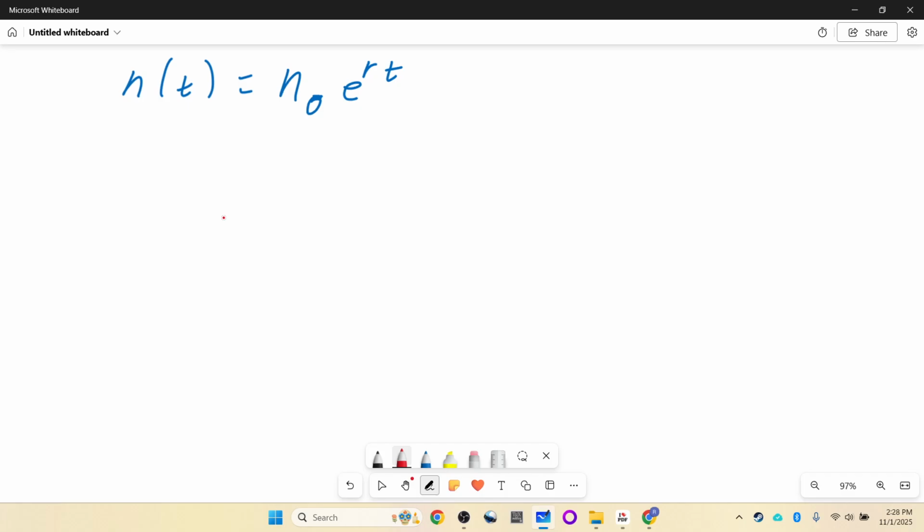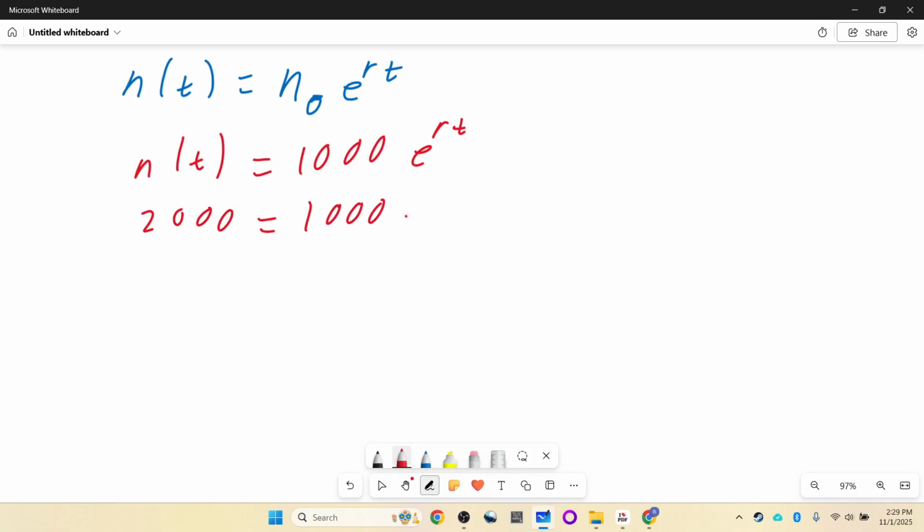So let's see if we can solve it. Okay. We were told it starts with 1,000. So that means N of t must be 1,000 e to the rt. Now, we were also told that it doubles every 3 hours. So we can say, well, 2,000 equals 1,000 e to the 3r.